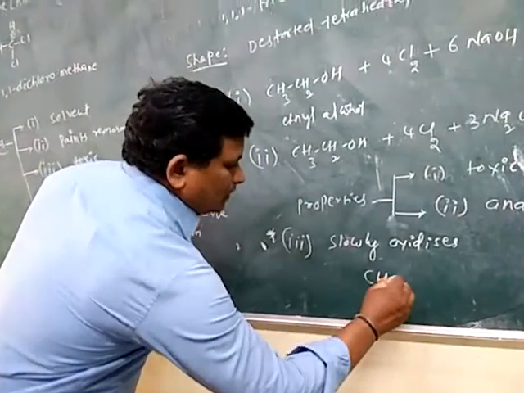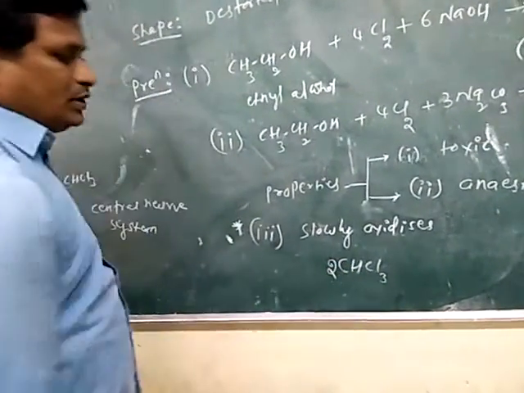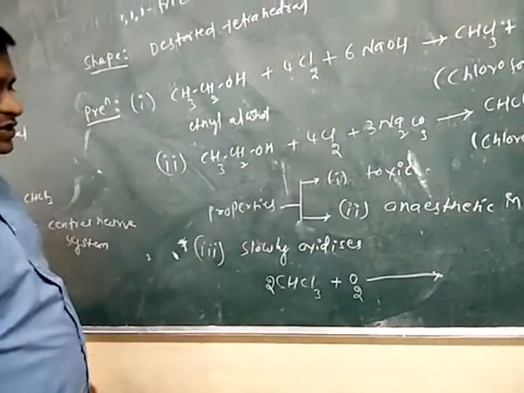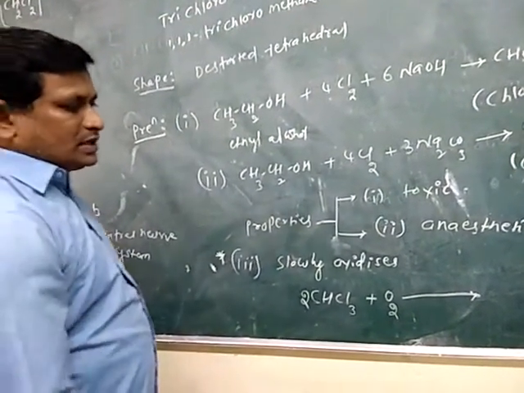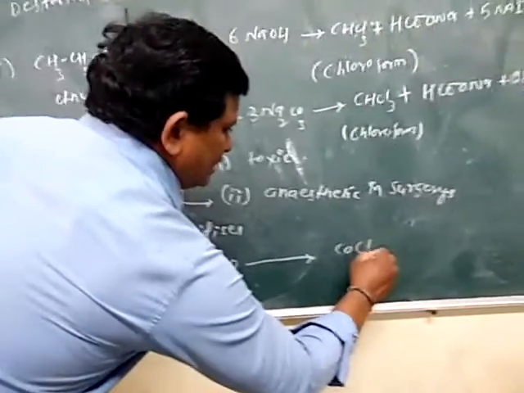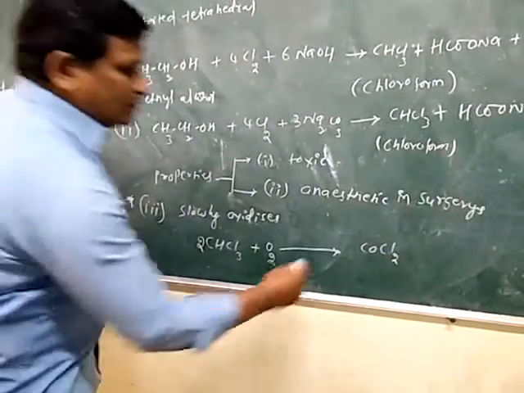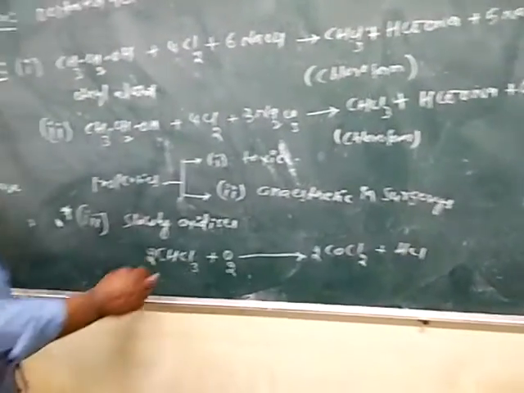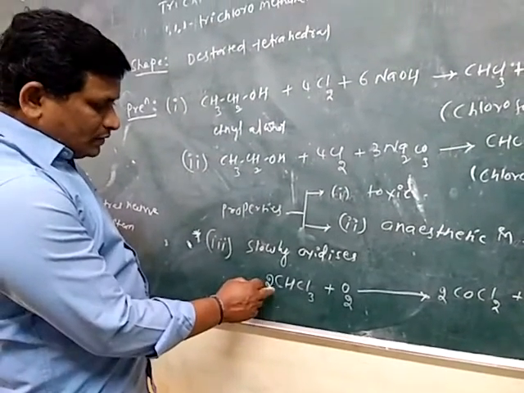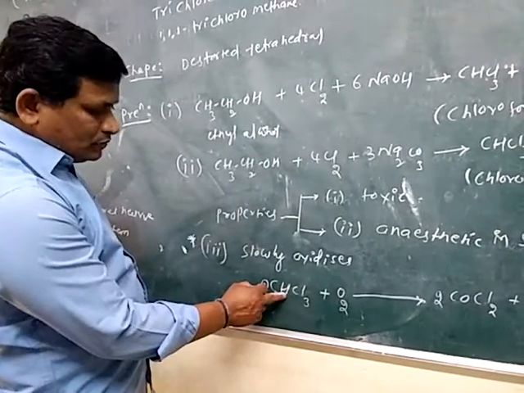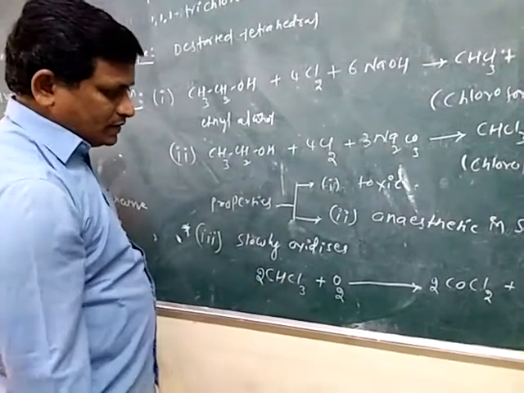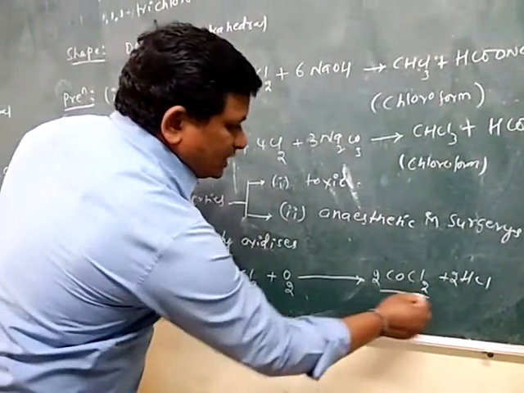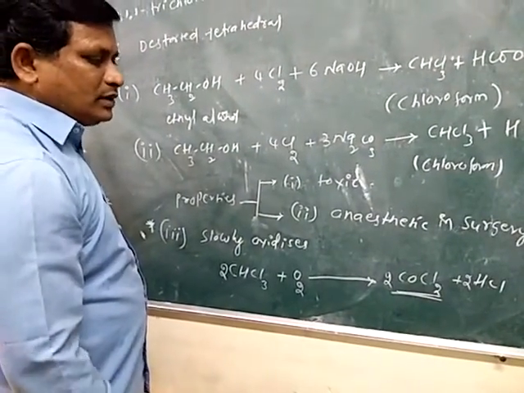If you take 2 moles of chloroform, CHCl3, and treat it with oxygen, because this reaction is an oxidation reaction, it gives 2COCl2 plus 2HCl. COCl2 is carbonyl chloride.